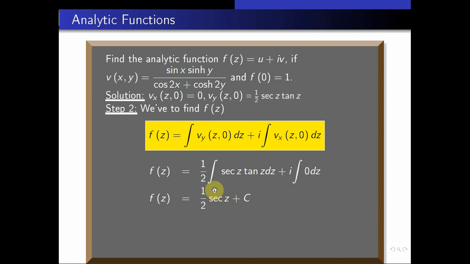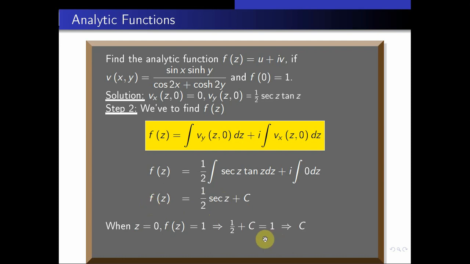See, we found f of z, but they gave an initial condition to find this constant value. So when z is equal to 0, it is given that f of z is equal to 1. Therefore, in this equation we can write half secant 0, which is 1. So half into 1, that is half, plus c is equal to 1.